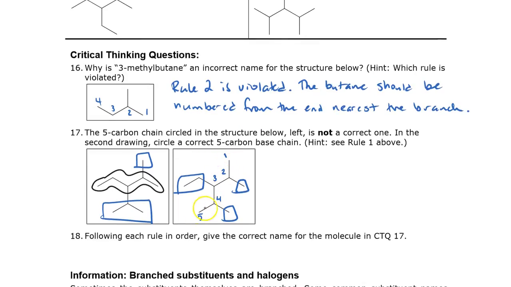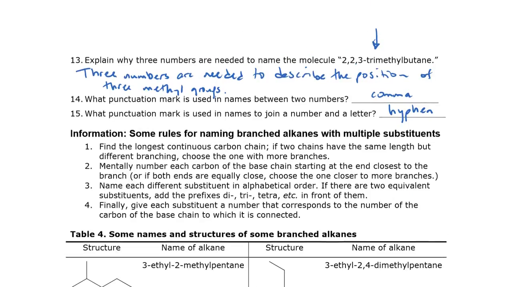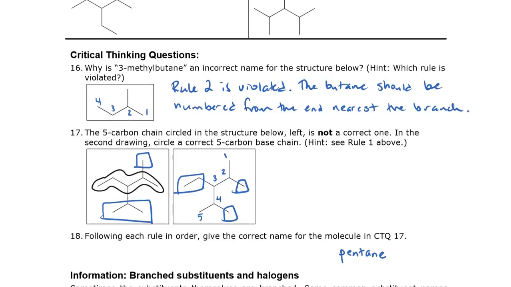We have a 5-carbon base chain. So I know that the name of this is going to be the 5-carbon chain, and the 5-carbon chain is pentane. I know that from table 1. Penta means 5. And now I'm going to look at the substituents that I have in the boxes. That's rule number 3. Name each different substituent in alphabetical order.